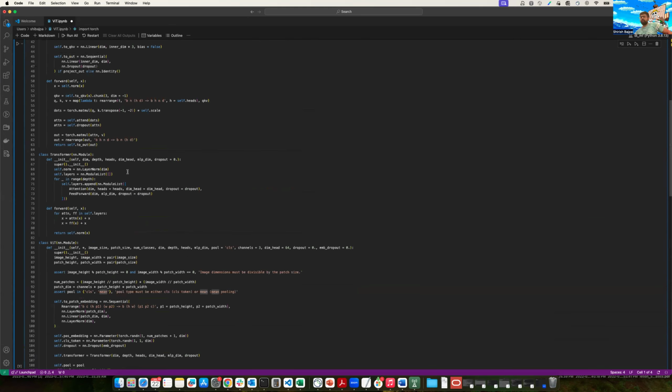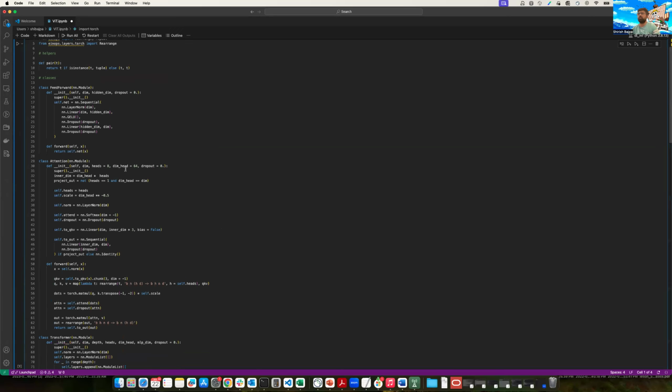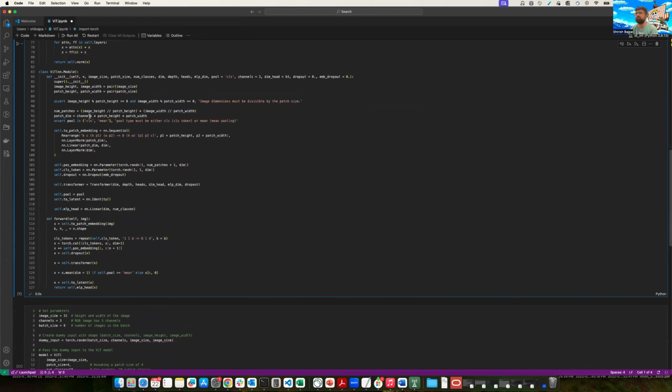So here is the code for the ViT. We have a feed forward layer. Okay, let's start from the ViT module, right? Here is the ViT class, and here is the forward function, where we pass the image.